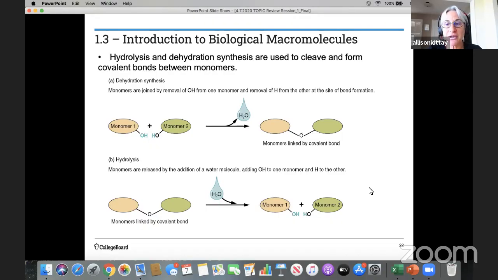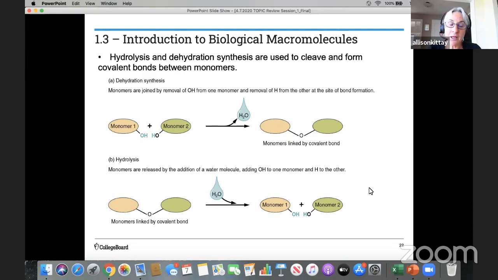I should also tell you that dehydration synthesis is known as condensation. And the way I like to think about it is you're condensing those two monomers by removing water to create that polymer. The opposite reaction is called hydrolysis, which literally means using water to lyse or break apart a larger molecule into smaller molecules.